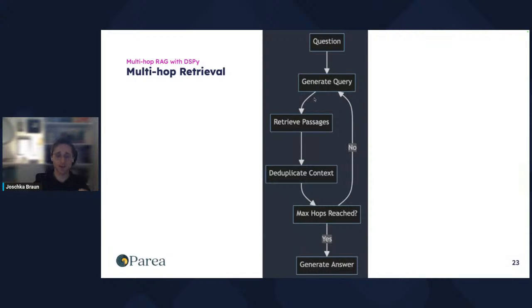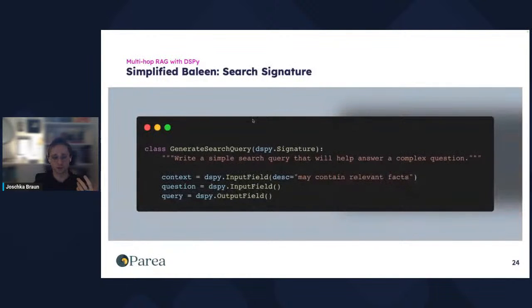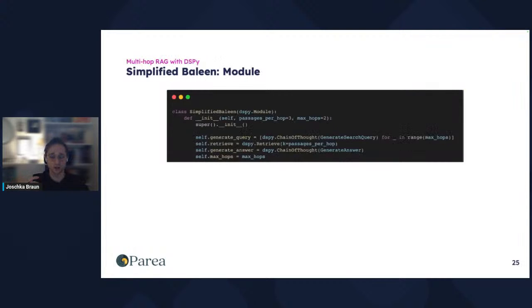To implement that in DSPy, we first need to introduce a signature which generates this query. And this looks as follows. We give it a name, generate search query, and the idea is that given the context and the question, we will then generate a query. Taking that signature, we can now define this architecture, which you also call a simplified Baleen.